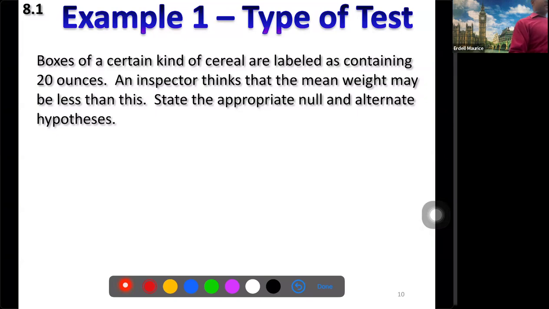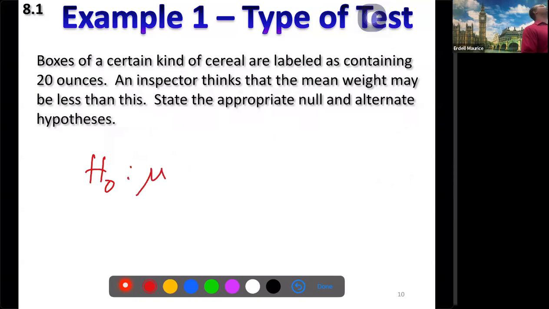Boxes of a certain kind of cereal are labeled as containing 20 ounces. An inspector thinks that the mean weight may be less than this. State the null and alternative hypotheses. Somebody wants to help me out with the null hypothesis? What is my H0?